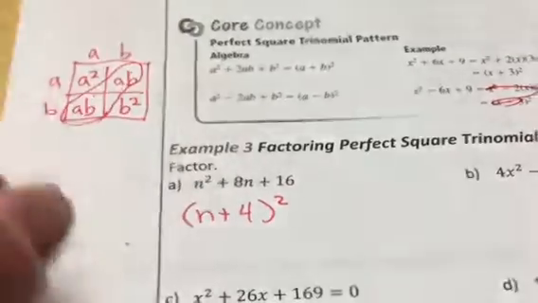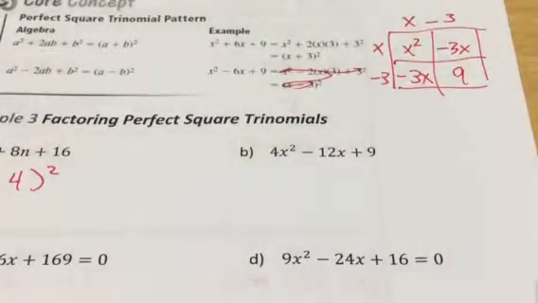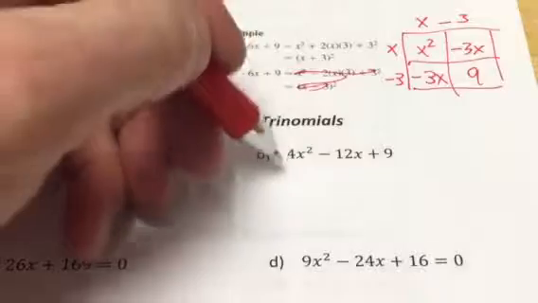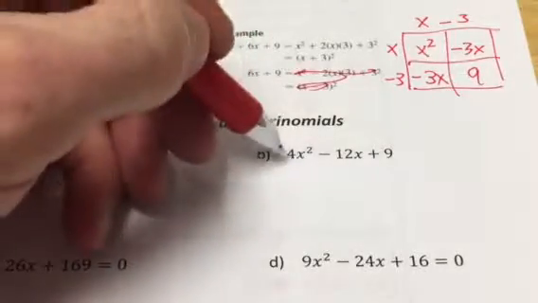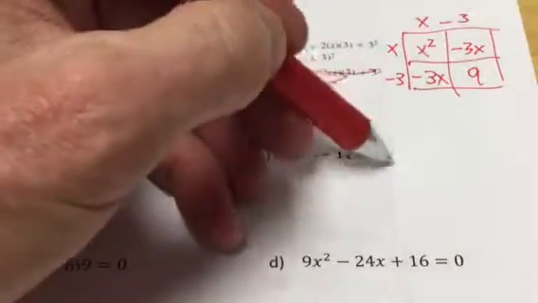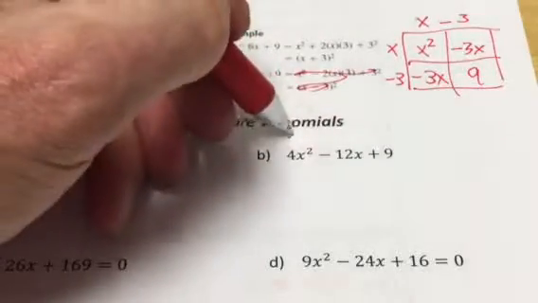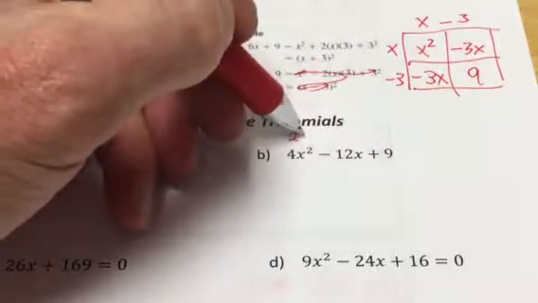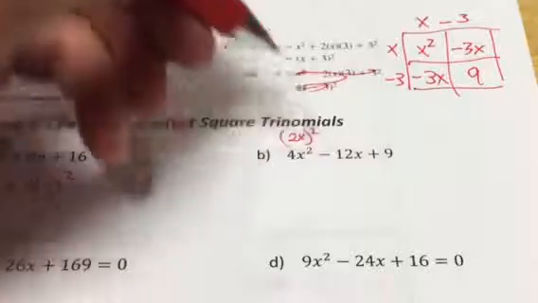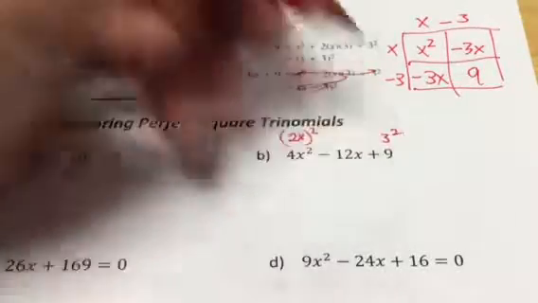So I'll show you what happens on that over here on B. This is a square number, this is a square number, and that is 2. This is actually 2x squared, and this is 3 squared.